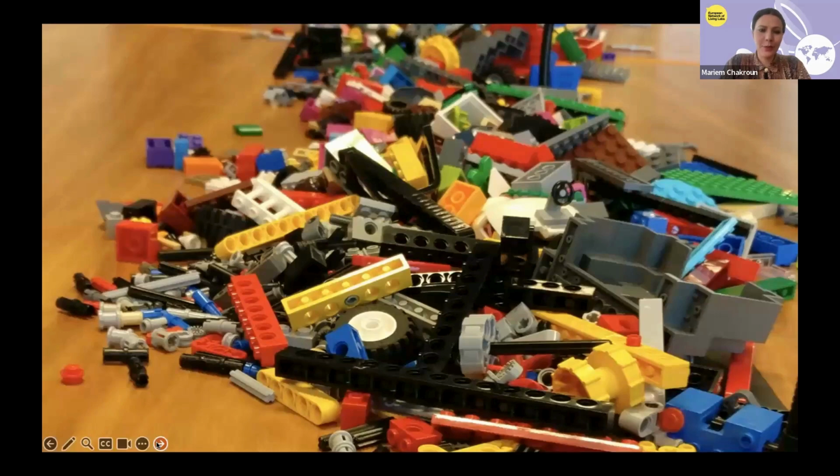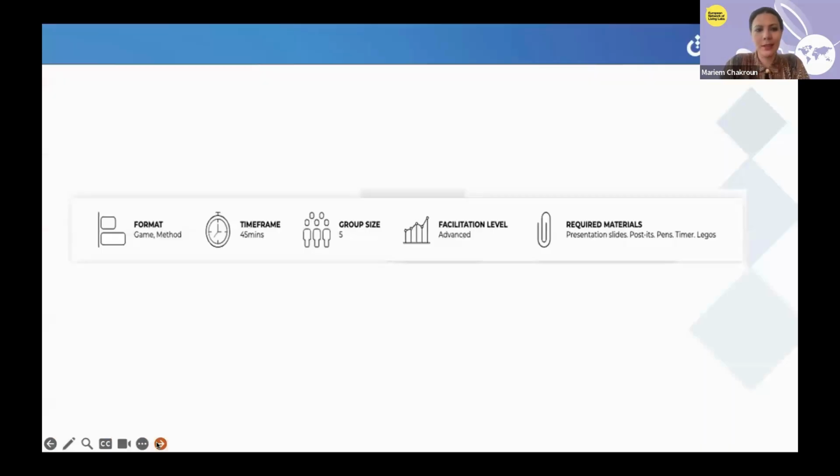And of course, for this, you need real Lego to do it, and you need to buy it. And on the website, you can also find information about this tool: the format, the time frame, the group size, the facilitation level.